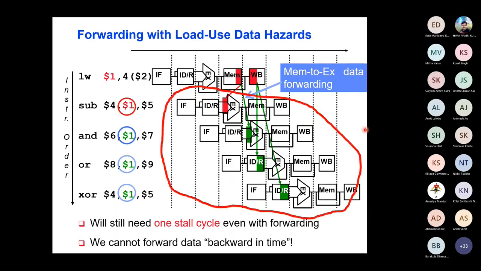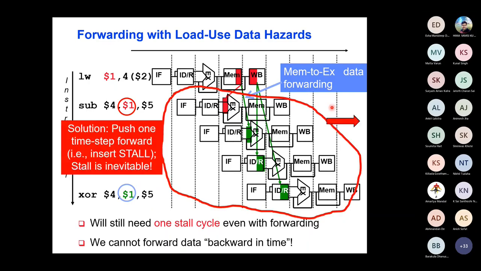Since an extra clock cycle stall is inevitable here, in order to resolve this hazard, you have to push everything towards the right by 1 clock cycle. So here stall is inevitable, and then you can reorganize the other things, other data hazards will be removed by the forwarding technique and the half cycle techniques.